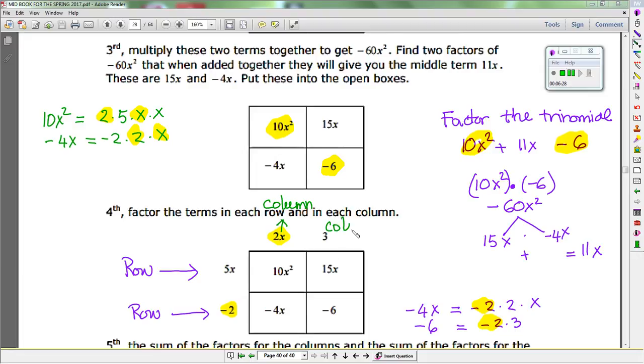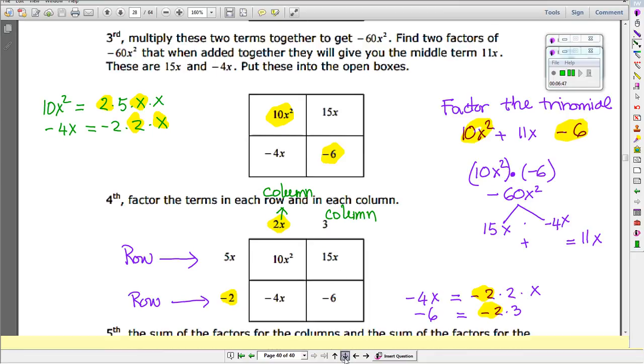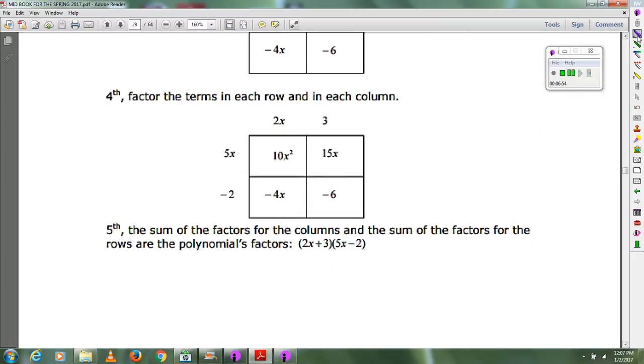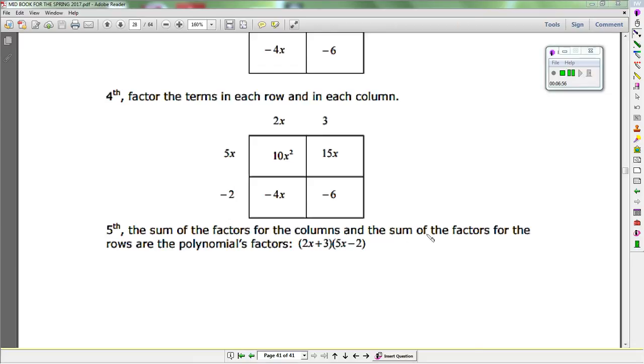And then you do the same thing for your second column. You look at 15x and negative 6. They both have 3 as the greatest common factor. So now the last step: the sum of the factors of the column and the sum of the factors of the row will be our polynomial factors. Therefore you have 2x plus 3 times 5x plus negative 2.